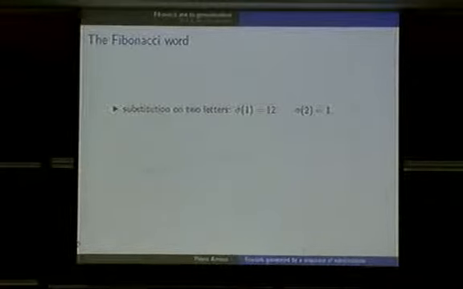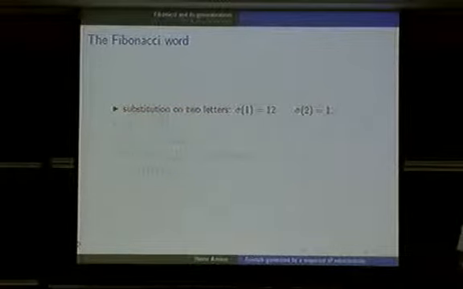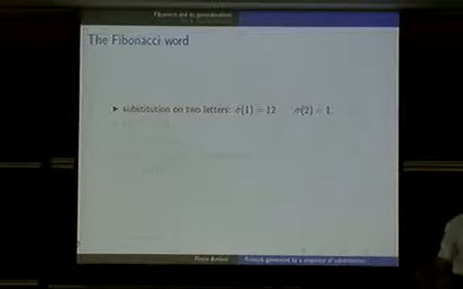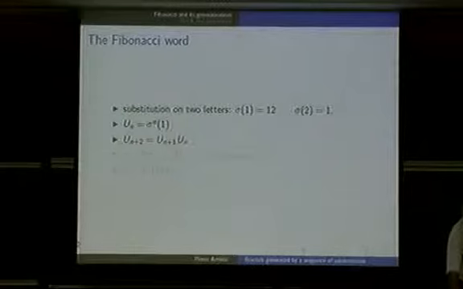So I will start with something that everybody knows, which of course is not trivial, but let's say it's well known. The Fibonacci word: we start with this game, 1 goes to 1, 2, and 2 goes to 1, and then we iterate. There were very nice expositions in several talks. So we take sigma n of 1, and u n plus 2 is equal to u n plus 1 u n.